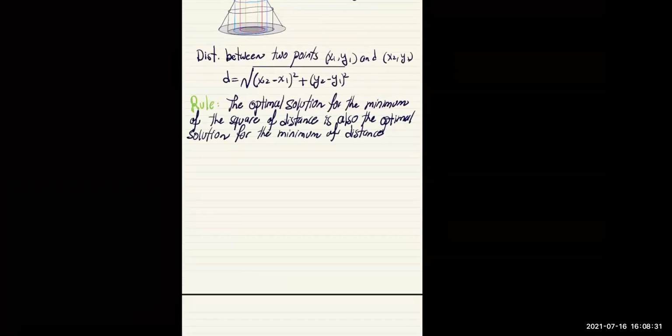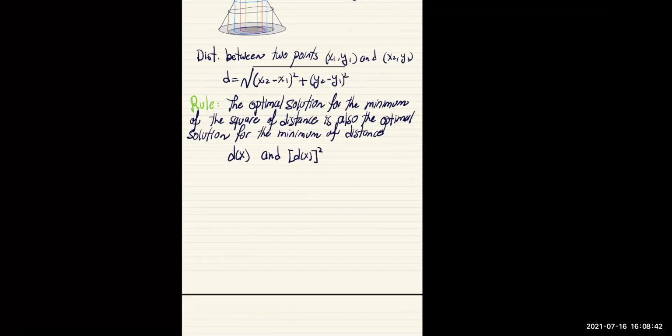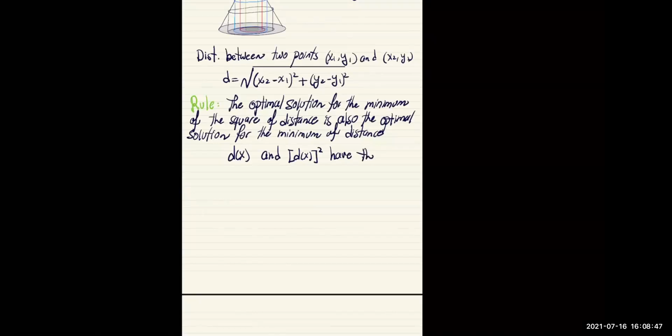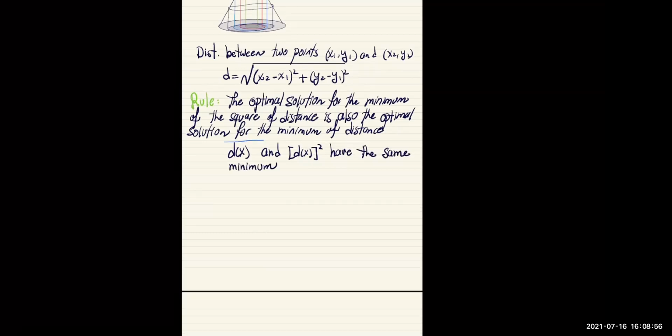Okay, so this says that d of x, distance is a function of x, and the square of it, have the same minimum. You could easily prove this. This allows you to drop the square root out. When you square it, it just goes away.